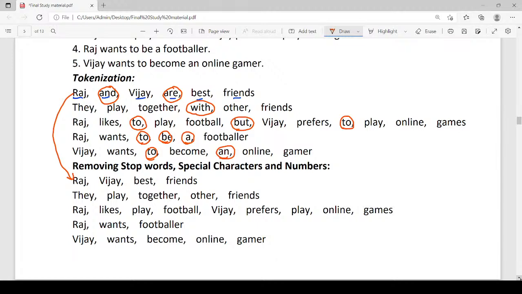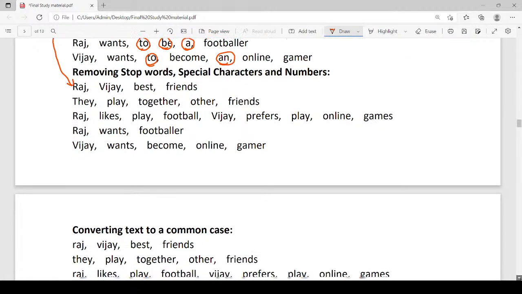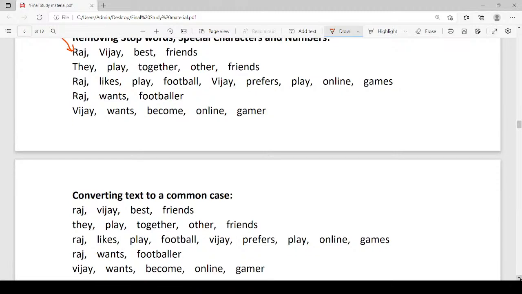Now moving on to the next step, we are trying to convert it into a common case. So if you see here, whatever was there after the removal of stop words and special characters, all the words have been put in lower case. This is what we do in converting text to a common case. And finally, we do stemming or lemmatization. Now in stemming or lemmatization, we are trying to bring the word to the base form.